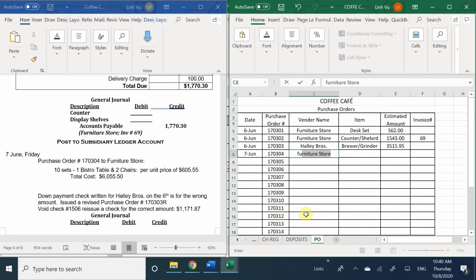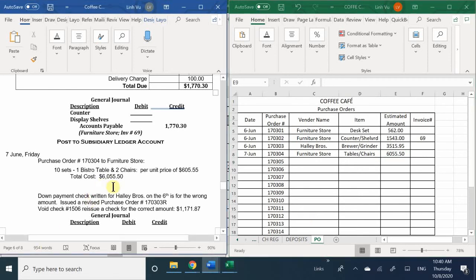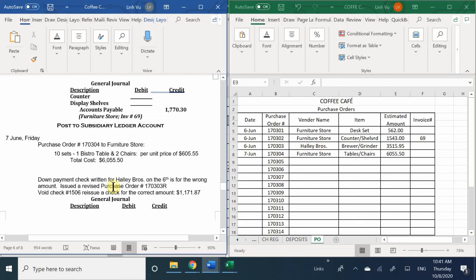So here you go, same store, furniture store. I'm getting tables and chairs. Okay, and for the amount of $6,055.50. Right? Good. What has happened next?